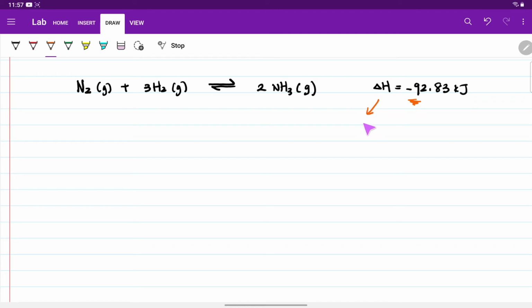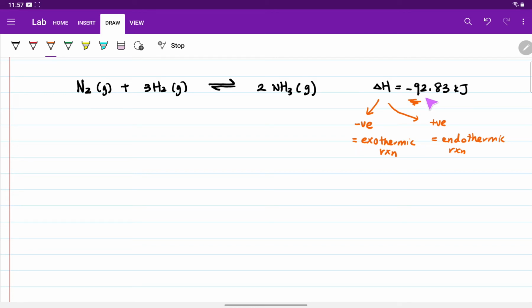Okay, so again, if the value of delta H is negative, so maksudnya kita akan ada exothermic reaction. Forward reaction adalah exothermic. Kalau value of delta H adalah positif, maksudnya kita akan ada endothermic reaction. Okay, yang mana the forward reaction is endothermic.